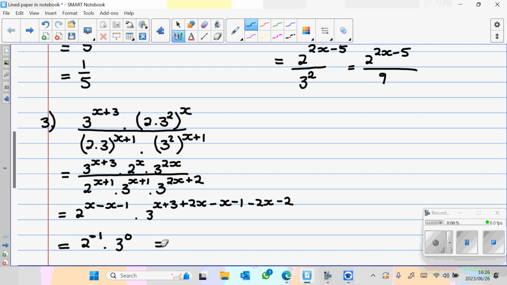That means I have 1 over 2 as my final answer, because the 2 is a negative power and anything to the power of 0 is 1. I hope this was what you got and that you can see how it is done. The next video would be on the addition and subtraction.